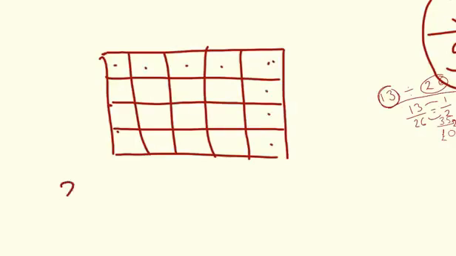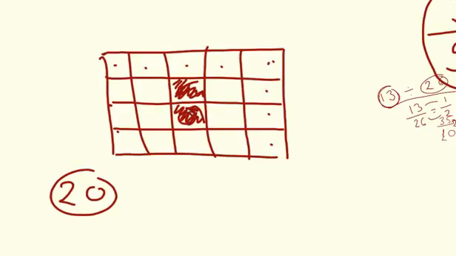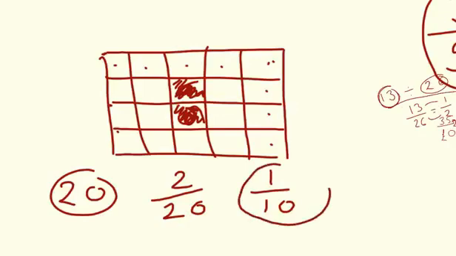So there's 20 within this rectangle. 20 little rectangles. If I shade this, I shade this, and I shade that. What fraction of the 20 is shaded? The answer is 2 out of 20, but you cancel it and it becomes 1 out of 10. So this would be your actual answer, not the 2 out of 20.